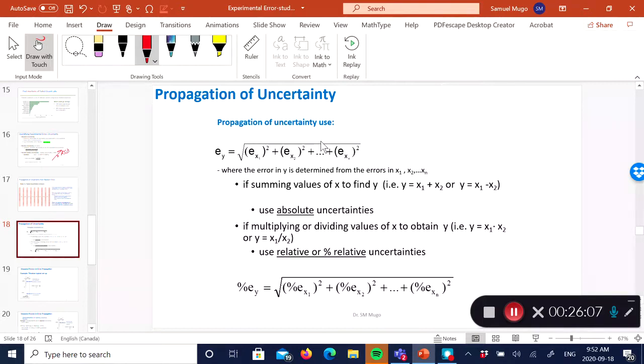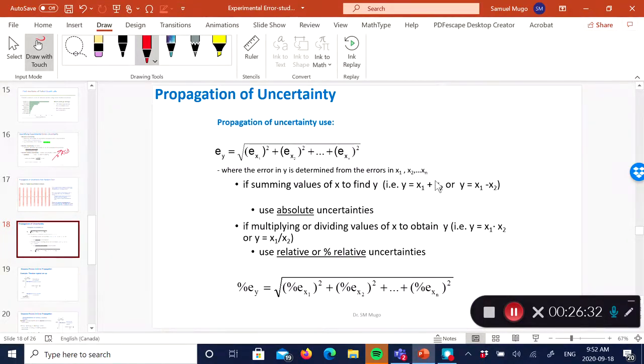Okay, now if the operation between maybe step 1 and 2 involves addition or subtraction, this E should be the absolute uncertainty. So you should use the absolute uncertainty if the operation is an addition or subtraction.